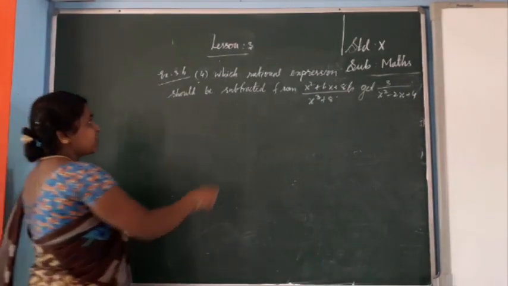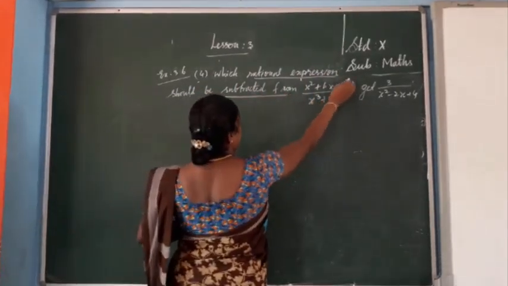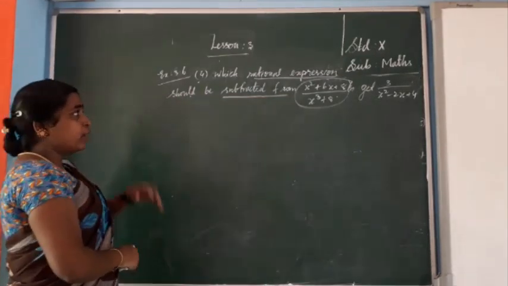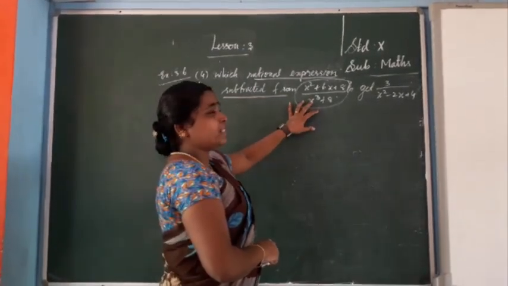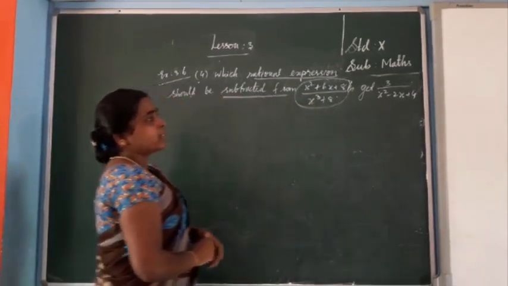We don't know the one expression, so that expression only we want to find. That is subtracted from this, and we will get 3 by x square minus 2x plus 4.